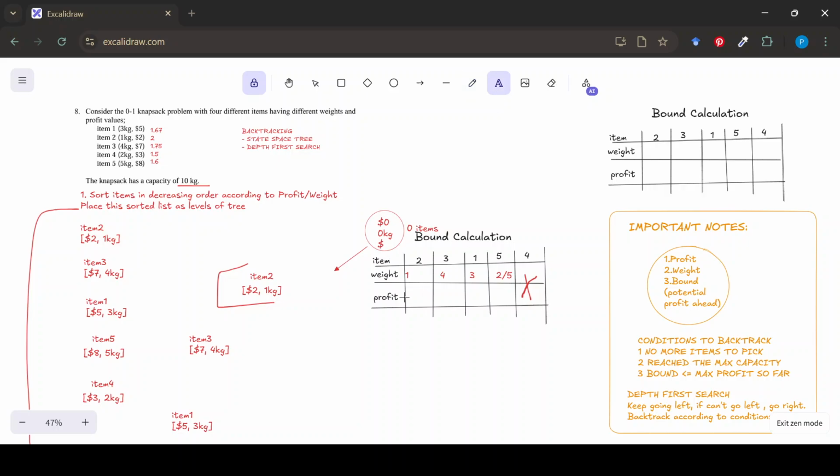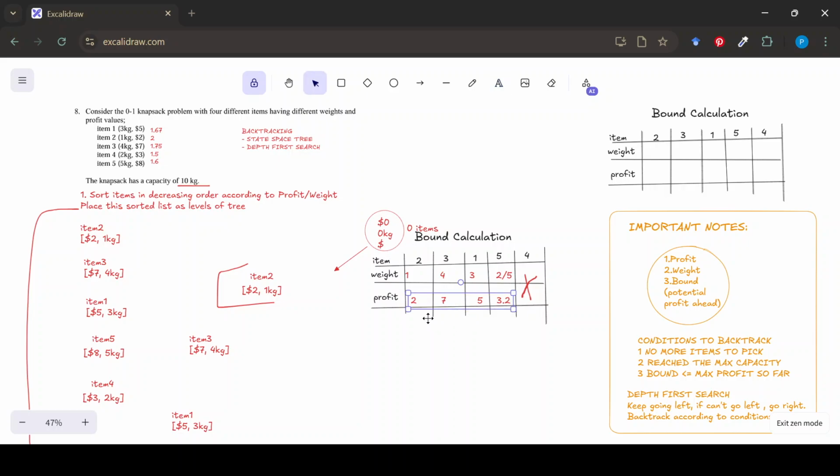Now let's calculate our profits. For item 2 it will be 2, for item 3 it's 7, for item 1 it's 5, and for item 5 it will be the fraction according to the fractional weight. So 2 kg out of that 5 times 8, because we are taking the fraction, and you should be getting 3.2.